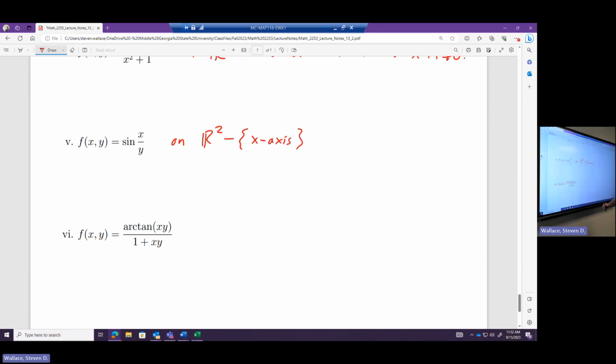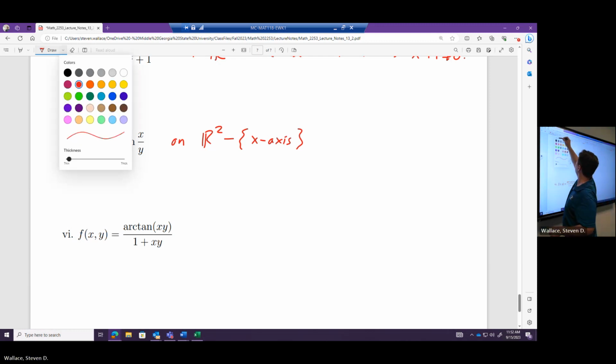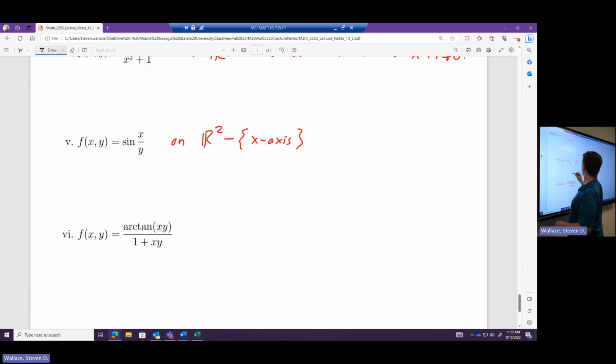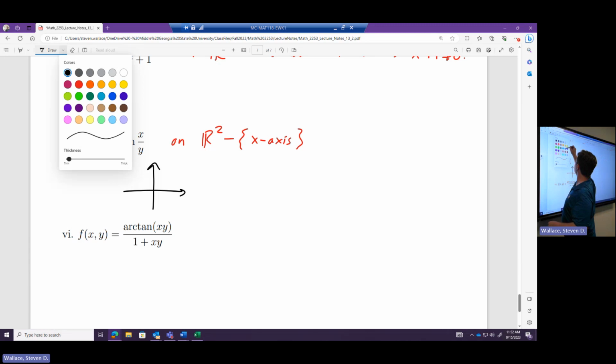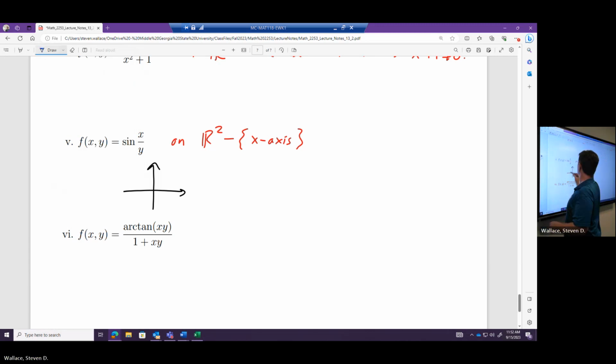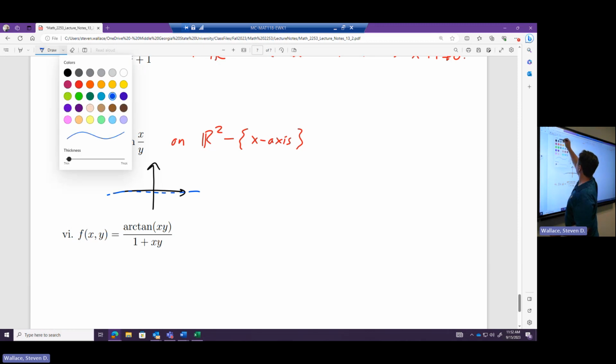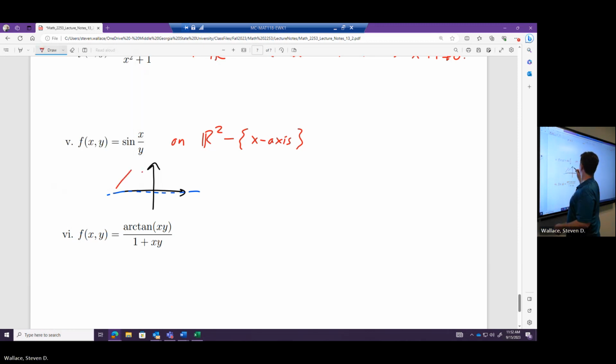If y is 0, that's the x-axis, right? So if I were to draw the graph of the region where it's continuous, I would just take away where y is 0 and then color in everybody else.